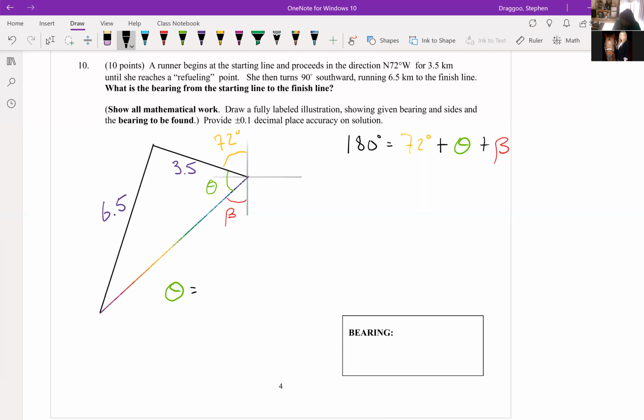Theta is equal to the inverse tangent of 6.5 divided by 3.5. Should be opposite over adjacent.